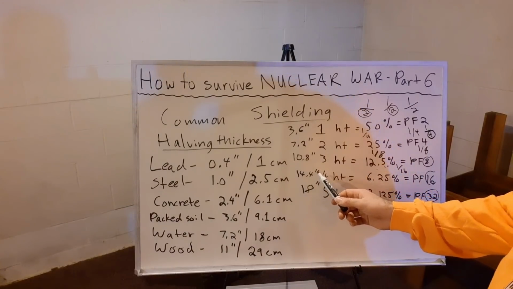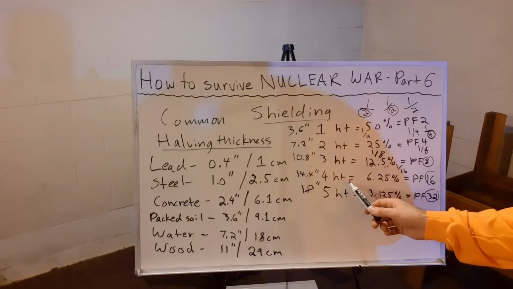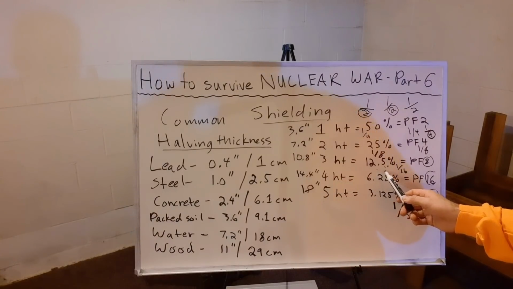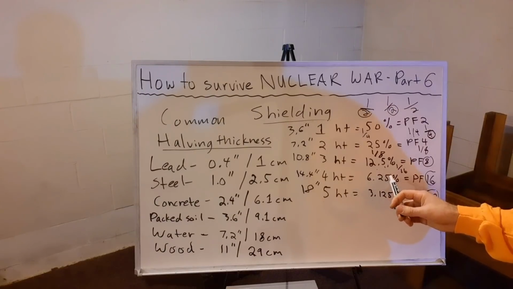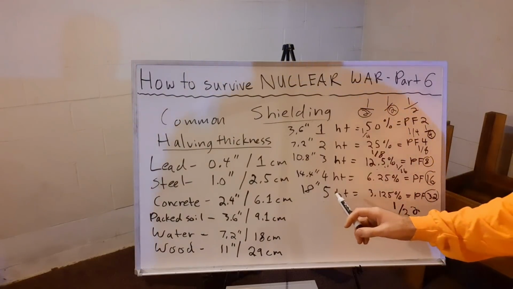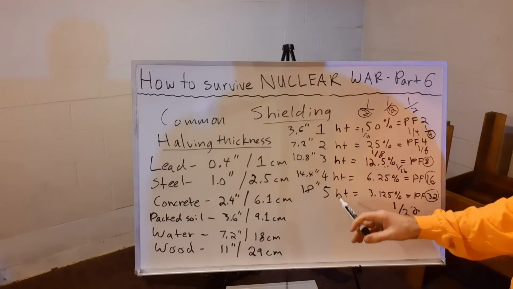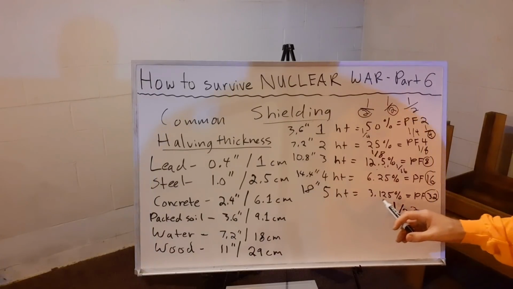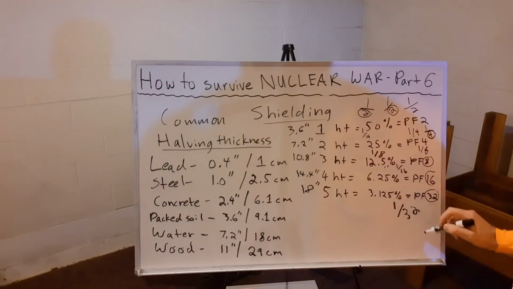14.4 inches of packed soil is going to give us 4 halving thicknesses, or 1/16 of the radiation, which is 6.25% of the radiation, or a protection factor of 16. And 18 inches of packed soil, like I said, gives us 5 halving thicknesses, 3.125% of the radiation, or 1/32nd of the radiation, or a protection factor of 32.